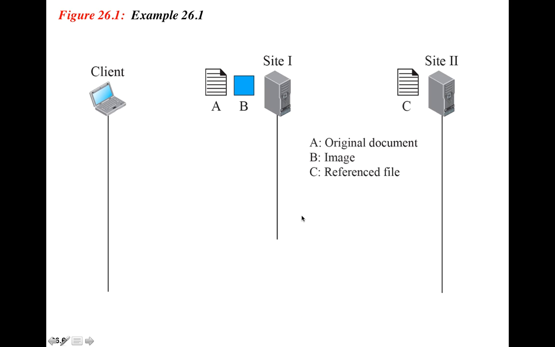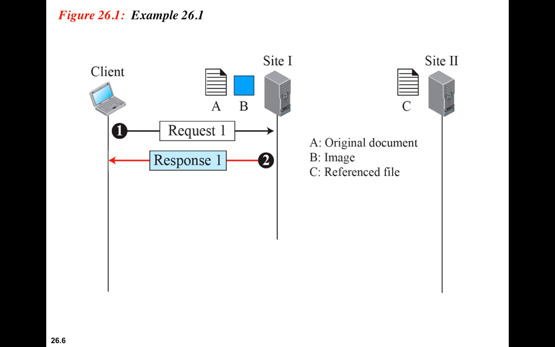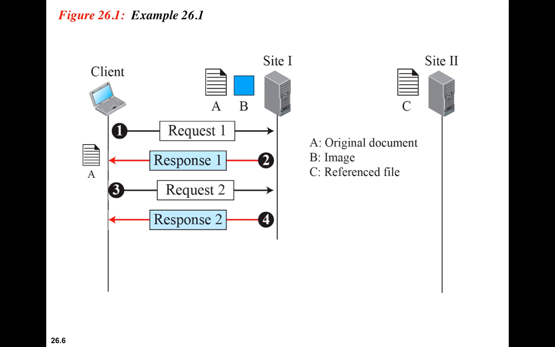So as you can see here, the main file and the image are stored on site 1, and the referenced file is on site 2. So the client will send request 1, which will grant us access to file A, the main file. And then when the client clicks on the link to the image, he or she will be directed to the web page for the image.